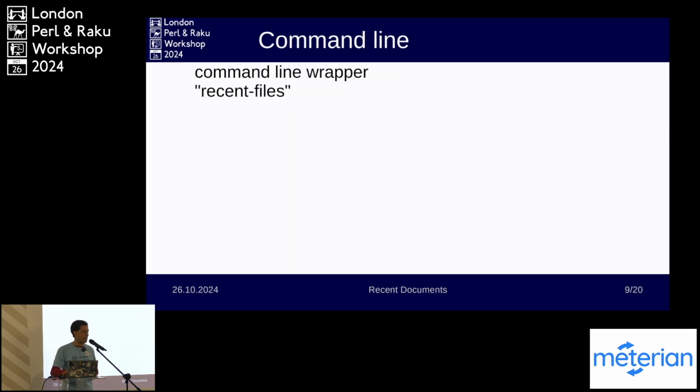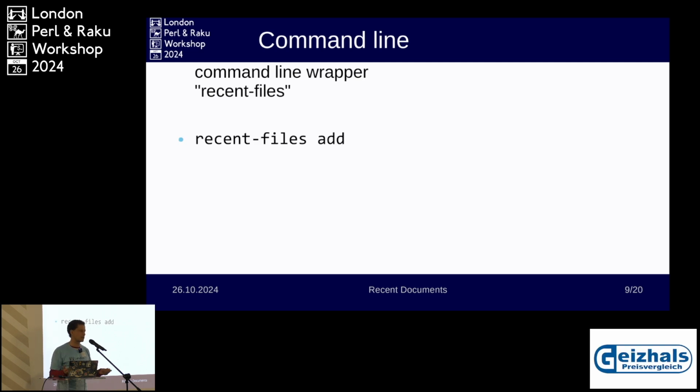And I also wrote a command line wrapper named Recent Files because sometimes I'm at the shell and want to remember, like, where did I save this image file to or whatever, and all the other programs fill the recent files list. So I have that available on the shell as well with some subcommands because everybody nowadays does subcommands.